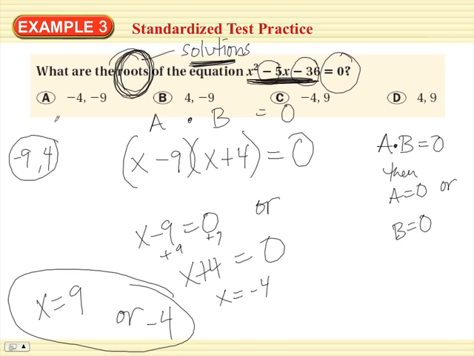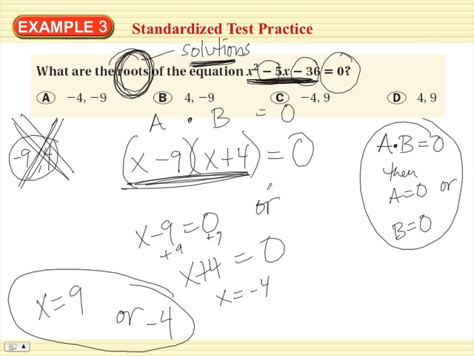So don't think too quickly. These are just the factors that lead us to this. Then you solve this and you'll get this right here. Alright, x equals 9 or negative 4. You just solved an equation based on the zero product property and based on factoring. So if you can factor, it makes it a lot easier.